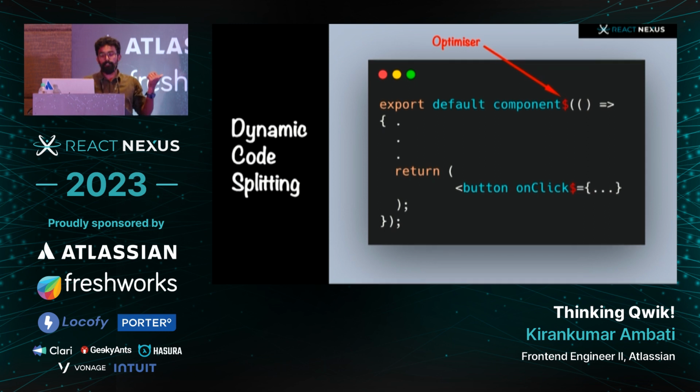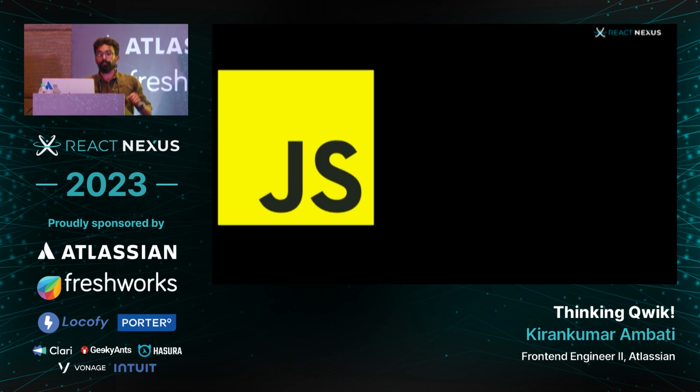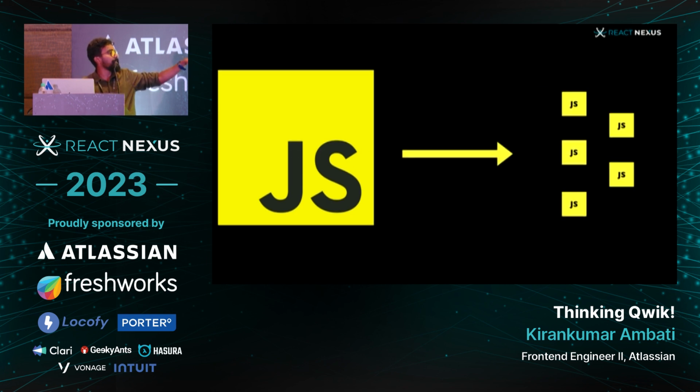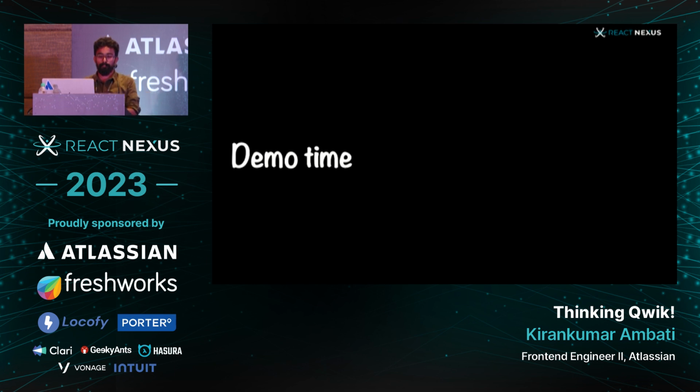But there is something beautifully done by Qwik which can handle that part. With that optimizer in place, we have a big bundle, but eventually you end up with small chunks, and only whatever chunks are required get downloaded. We'll see that in the demo, so it will make more sense.